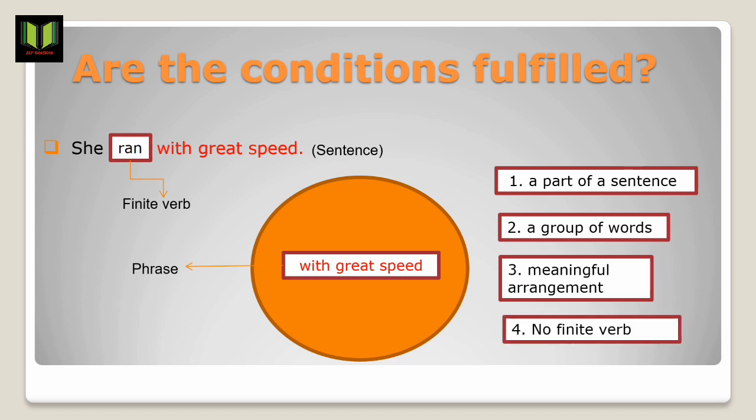And number five, you can find out that there is no finite verb. Why? Because the finite verb in this sentence is ran. She ran with great speed is a sentence, and the finite verb is ran, and therefore it is not part of the phrase but separate from the phrase. I hope this understanding is becoming easier for you.